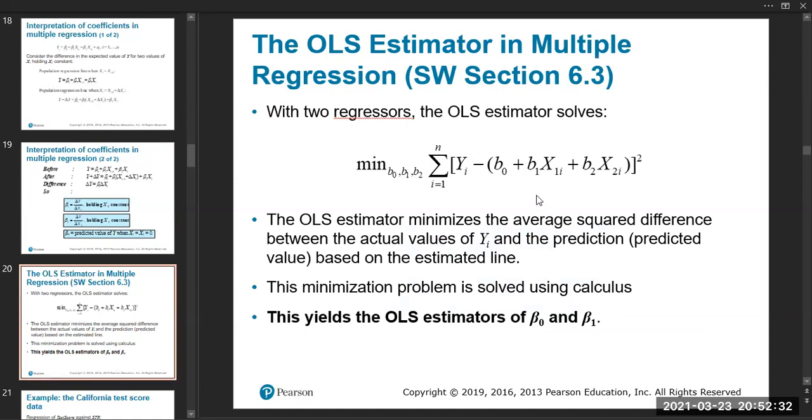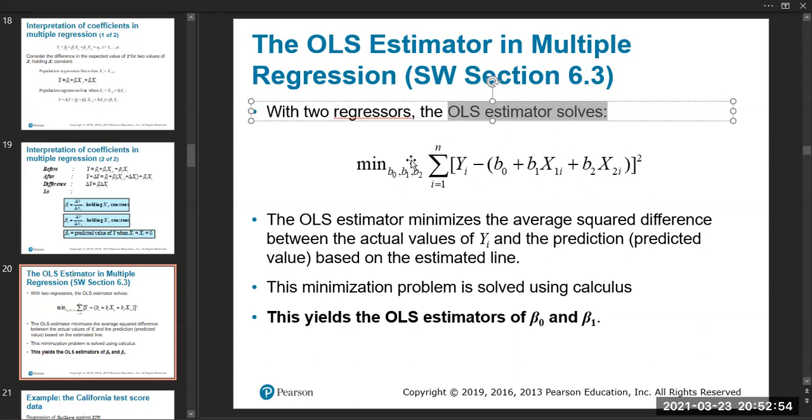So with two regressors, the OLS estimator solves this problem. Do you still remember what OLS is? Ordinary least squares. It means that you minimize the summation of this part.